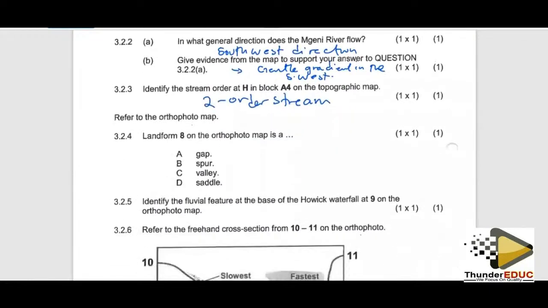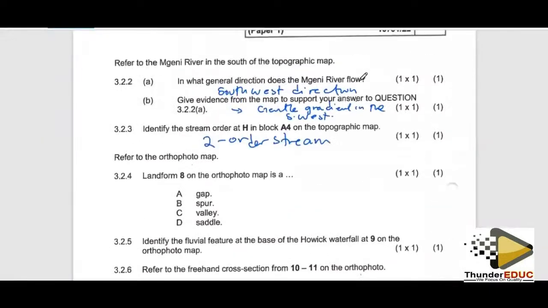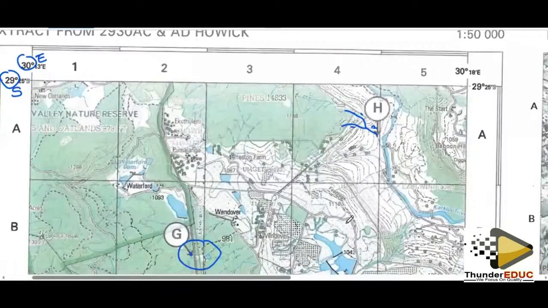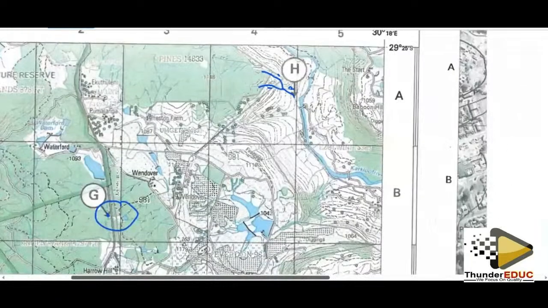3.2.4, landform 8 on the orthophoto map. Let's go to the orthophoto map. Okay, landform 8 on the orthophoto map. Let's check orthophoto map. Landform 8.